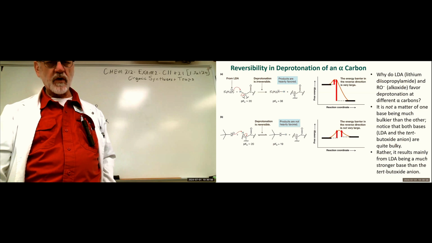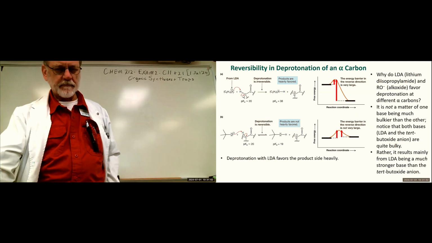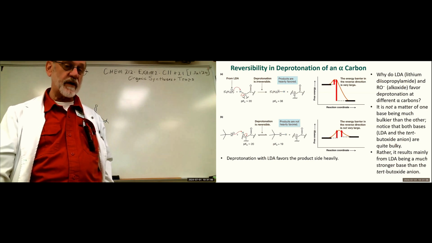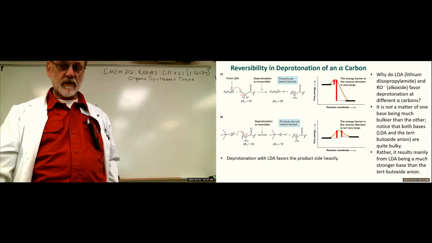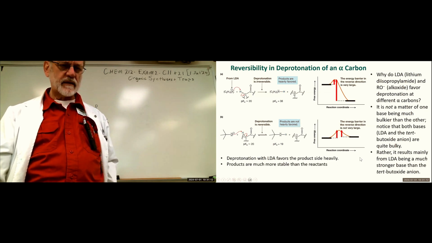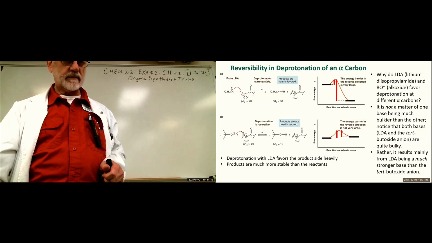LDA is a much stronger base. There must be more to the story. Being a stronger base, the product side is favored, whereas with the tertiary butoxide anion, the products are not favored.